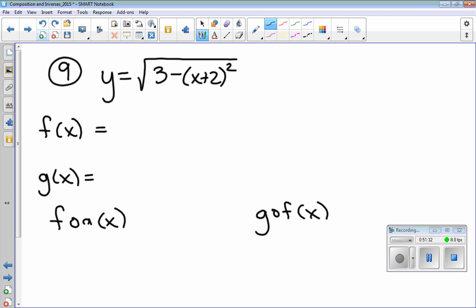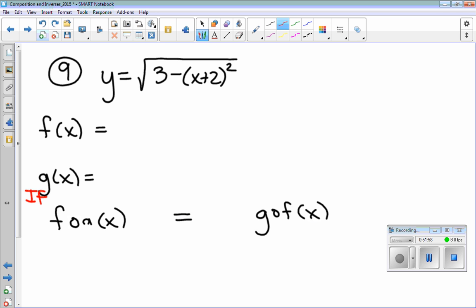If these two things equaled each other, if I composed in one way and I composed in the other way, we don't always get the same thing, do we? No. Often we don't get the same thing. But if they are the same, then these are inverses of each other. So if the compositions are the same, you should probably write this down in your notes somewhere.